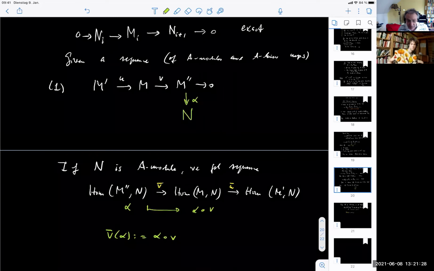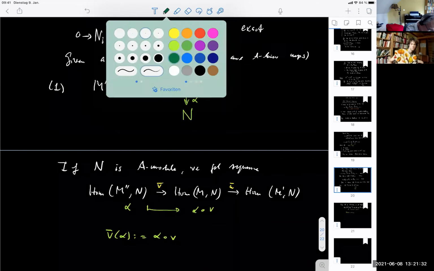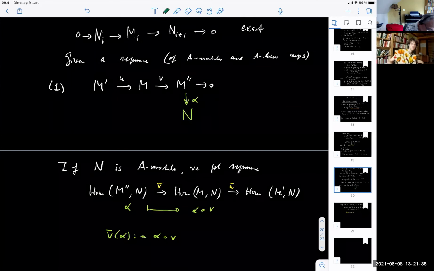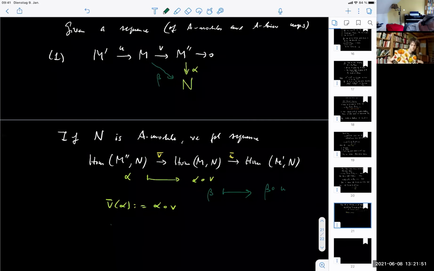Okay. And if you have a map, let's do another color, the dark green. If I have a map B here, it goes from, okay, this will be a map, not very visible. You just compose it. First U and then B. B bar beta is this.